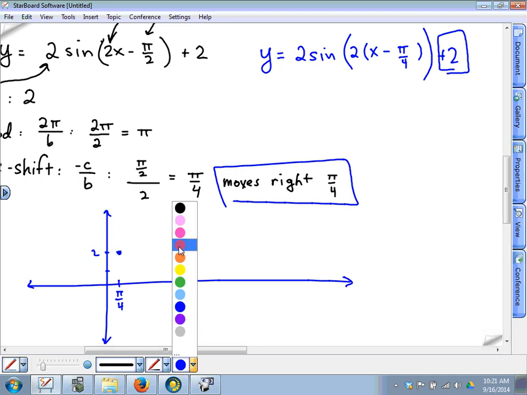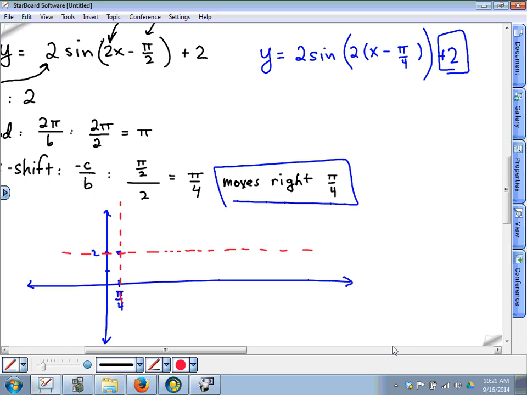And I'm going to draw a new set of axes around that point right there. So rather than transforming the graph, I transform the axes. I've got a new coordinate system right there, centered around the point pi fourths, comma 2. They have a new origin.